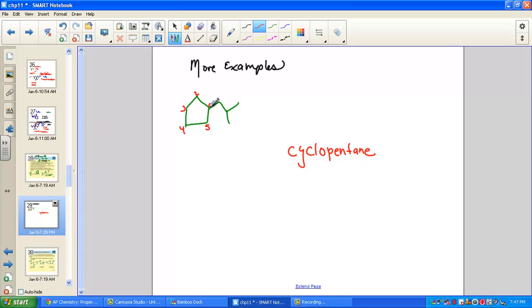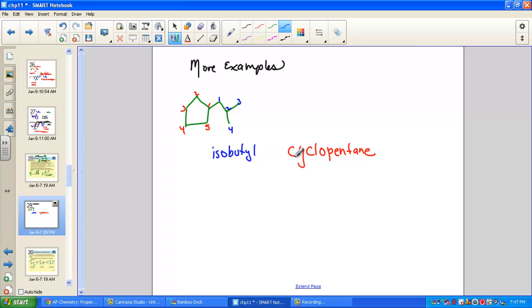Carbon 1 gets a priority at this point because that's where the branch is coming off, the alkyl group. How many carbons do we count in the alkyl group? Well, I have 1, 2, then I notice a branch, and that's the iso branch, isn't it? 3, 4. This is isobutyl functional group.